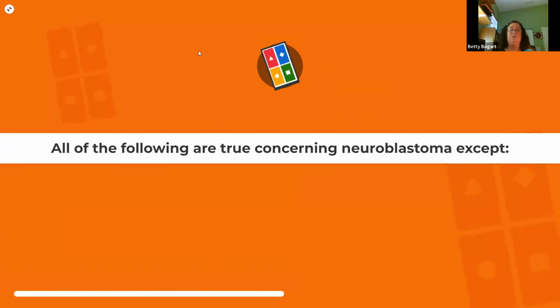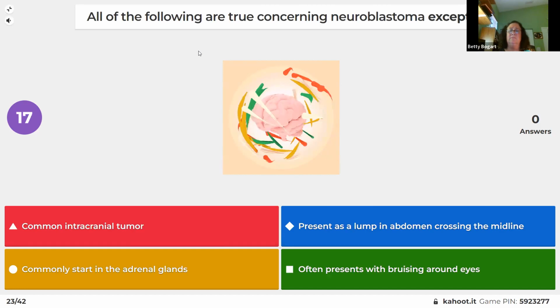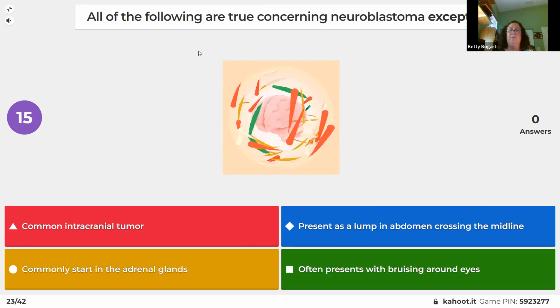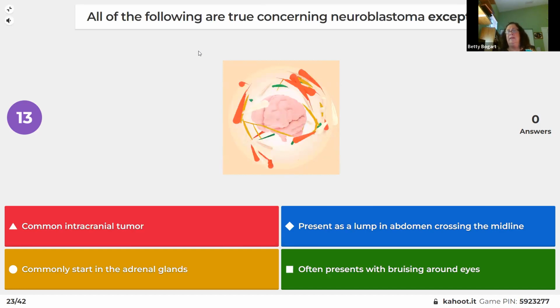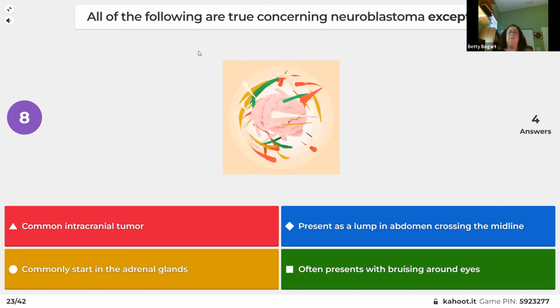All of the following are true concerning a neuroblastoma except. Remember that neuroblastoma is that little belly with that big belly, that little baby.